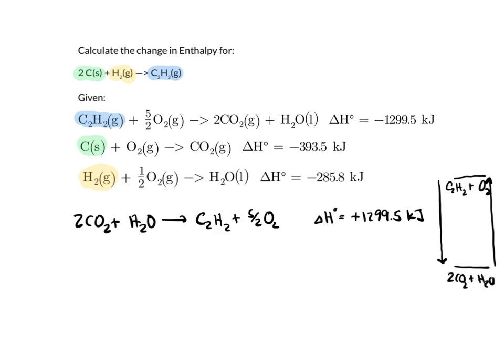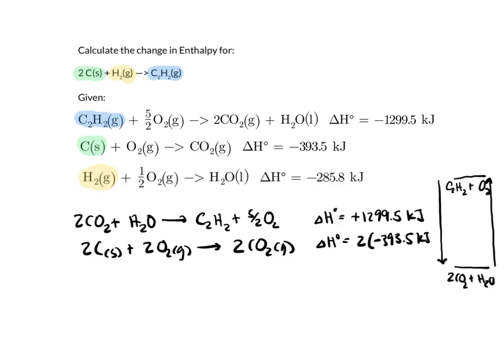So if I write 2 carbon solid plus 2 oxygen gas gives me 2 CO2, then that delta H is going to be equal to 2 times minus 393.5 kilojoules.